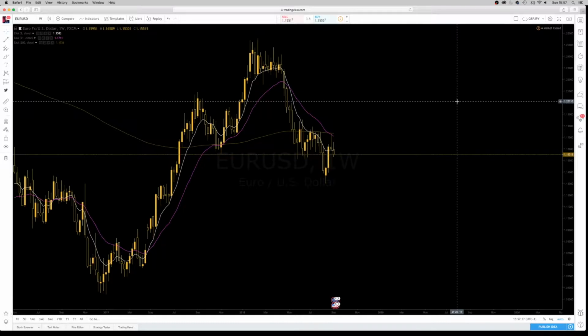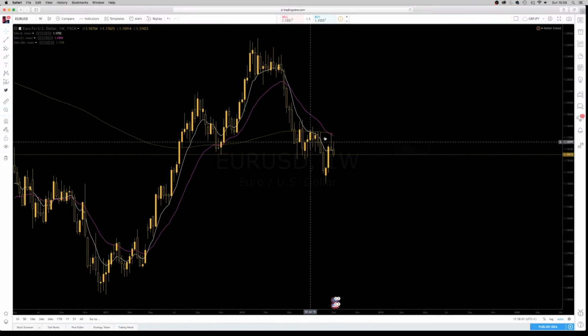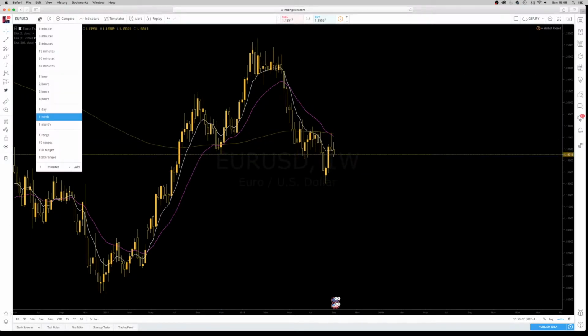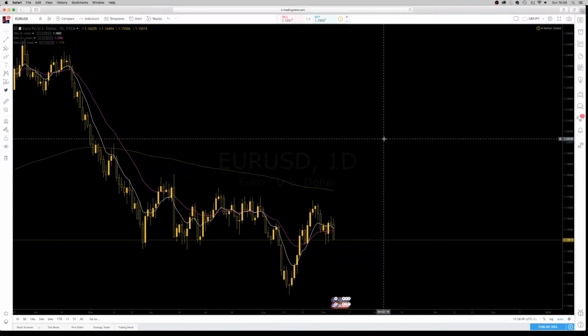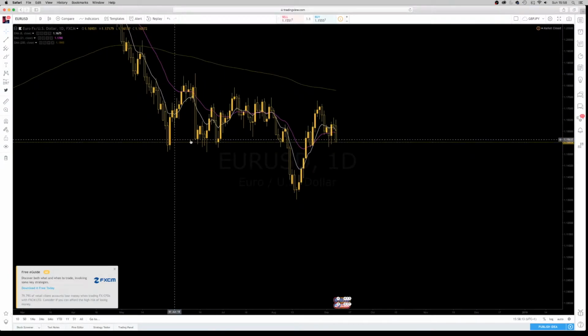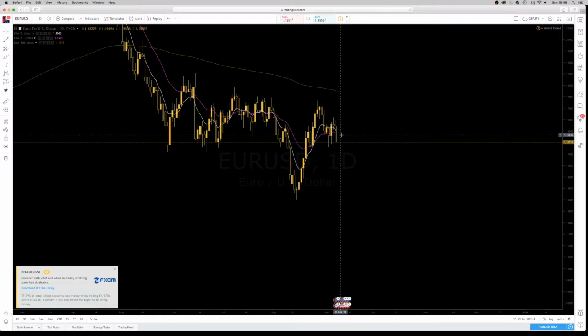Euro USD. So Euro USD, again, we did break below this neckline on this potential head and shoulders. Price has now started to push down, so I think we'd still be looking for some bearish action on Euro USD. As you can see, this 17,300 level held, prices pushed down.